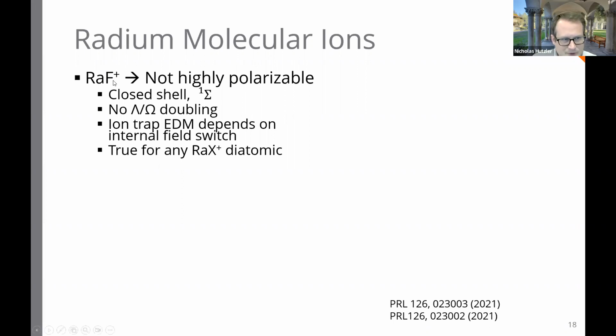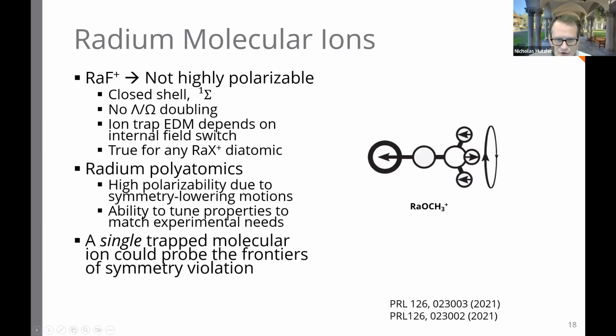For something like radium fluoride plus or radium hydride plus, you don't have that. You have a singlet sigma, no doubling, there's no lambda or omega doubling. So doing that type of experiment in a radium containing diatomic would be tricky, but of course you can just use a polyatomic. Going back to the last lecture, you can always engineer parity doublets with suitable bonding ligands.